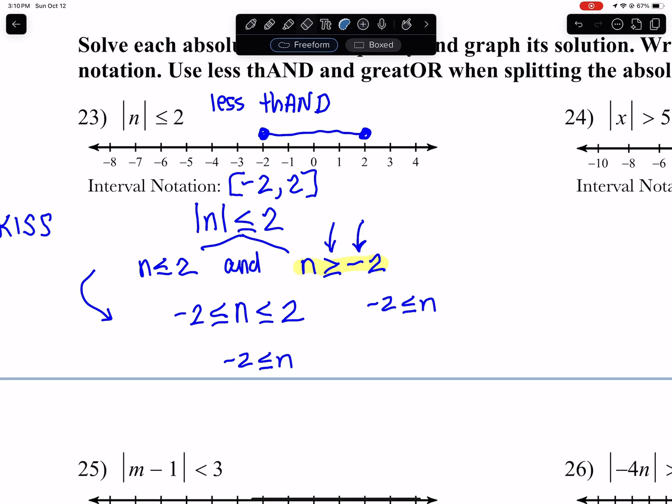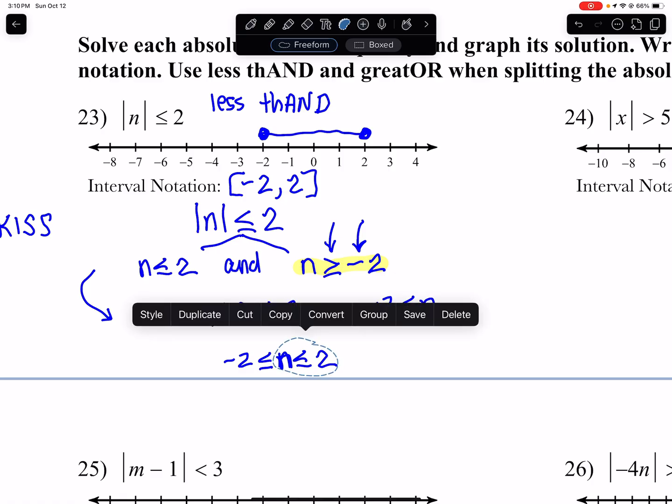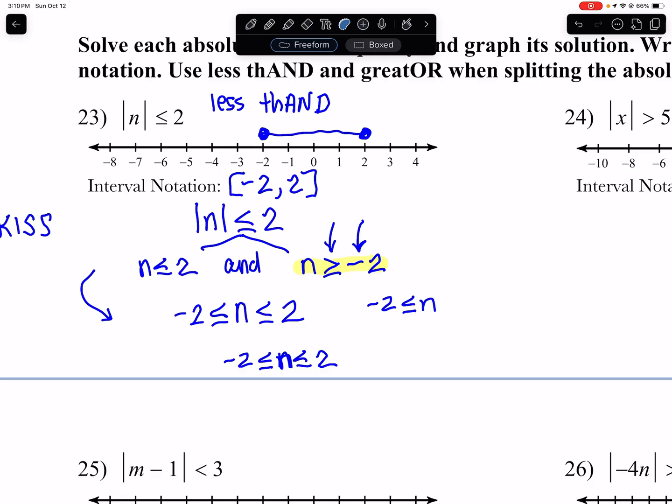This is gonna be a little harder than I thought. Take this and overlap it, you see, so if you flip one of them, flip the one with a negative and then overlap it, you do get that double inequality that way as well.